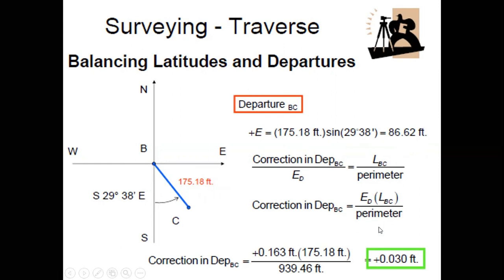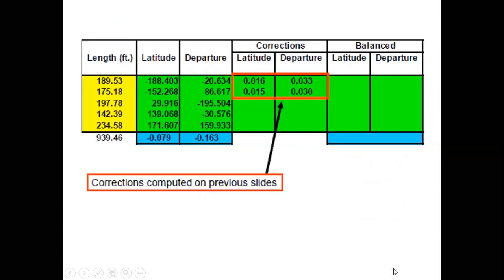Applying the formula again and substituting, this gives us positive 0.03. We can add another column for the correction. Again, this is positive, positive, positive, positive, since the total errors for the latitude and departure are negative values.